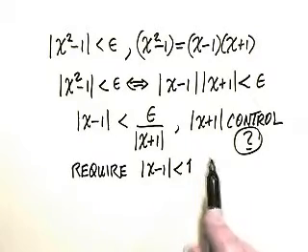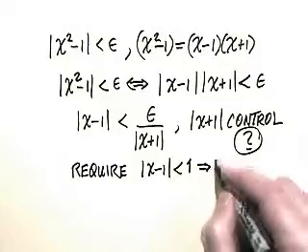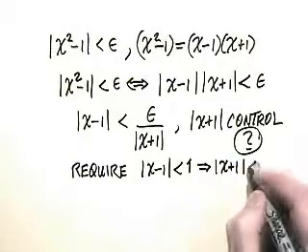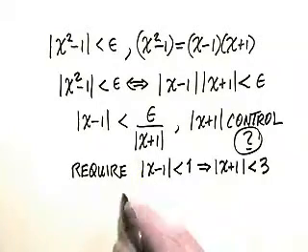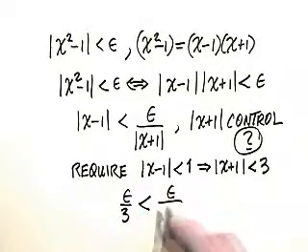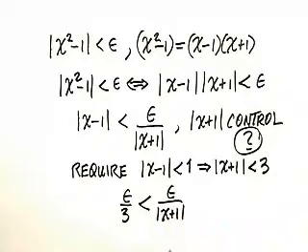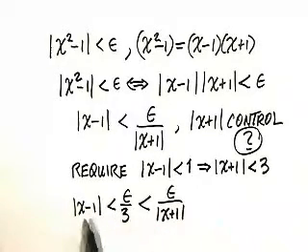So what we can say then is that epsilon divided by 3 is less than epsilon divided by absolute x plus 1. And so here's the way we reason. If we require that absolute value of x minus 1 be simply less than epsilon over 3, then that's going to guarantee that it's less than epsilon over absolute value x plus 1, provided we've also required that absolute value x minus 1 be less than 1.